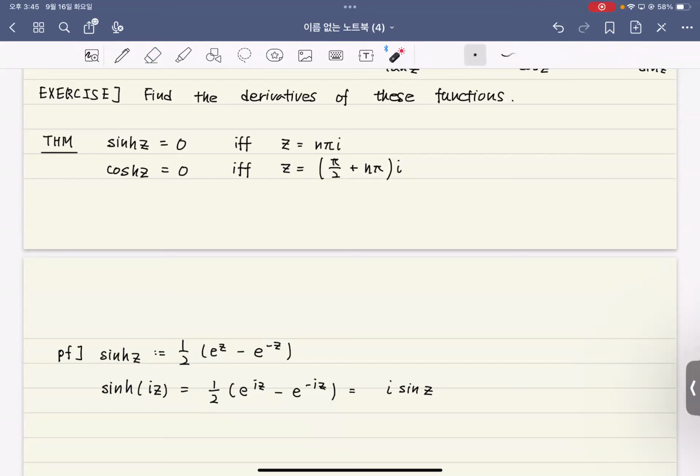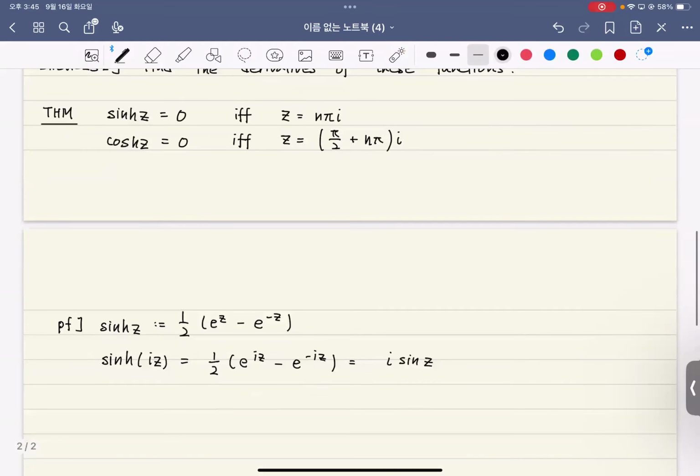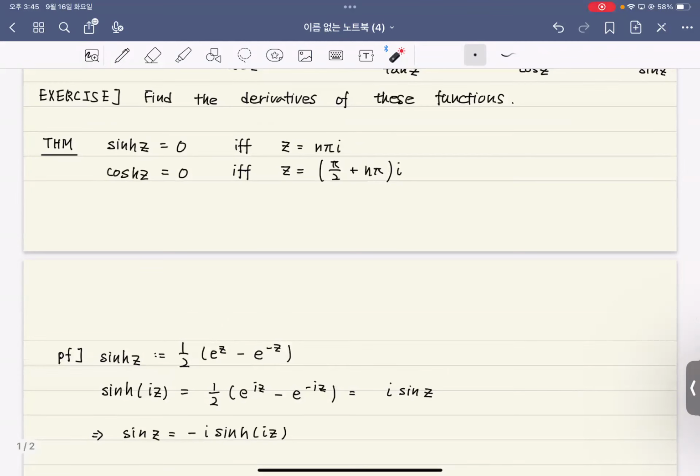I guess this is precisely i times sine of z. Therefore, sine of z is just minus i times hyperbolic sine of iz. Now I understand why the zeros of the complex sine function and complex hyperbolic sine function are very similar to each other, because this is their relation.